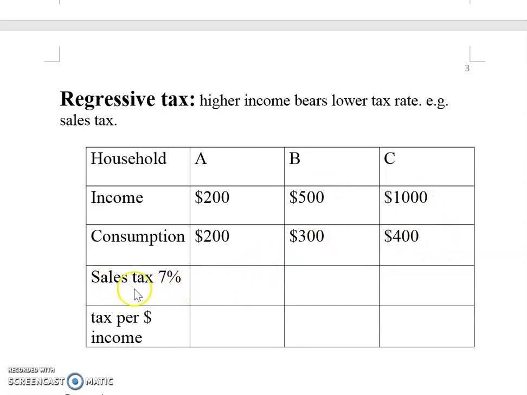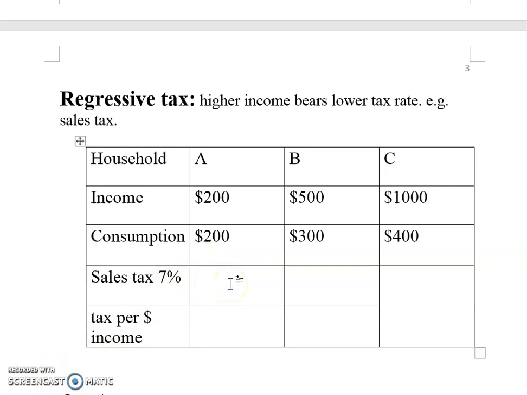So let's take a look at sales tax. Sales tax, assume, is 7% for all of them. When you go shopping, you pay 7% sales tax, right? So let's take a look at household A. Household A spends $200 on consumption. So how much sales tax must he pay?